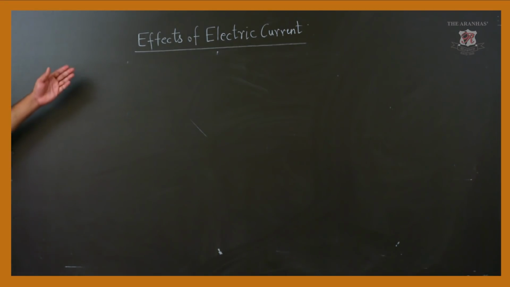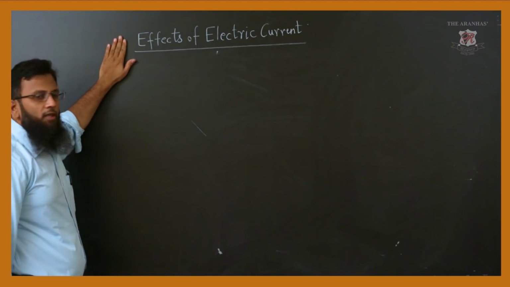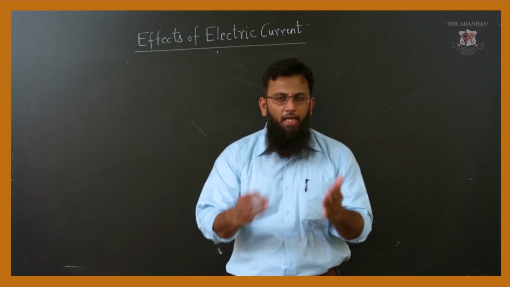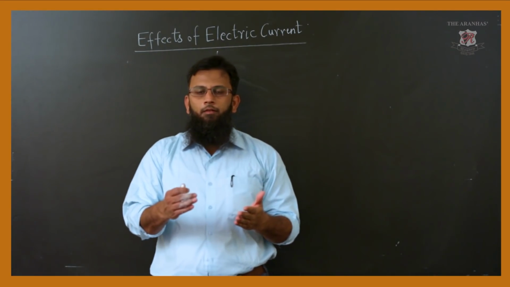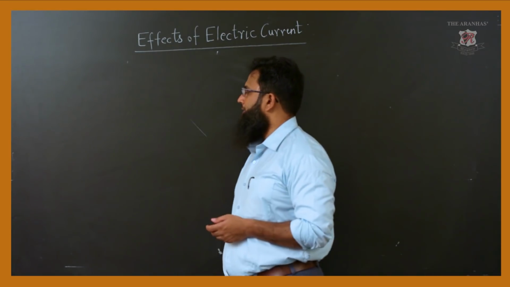So, since the title is effect of electric current, now today onwards we will be seeing specifically different types of effects which are related to flow of current in a given appliance.